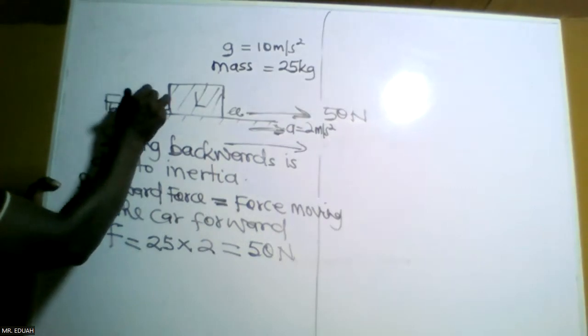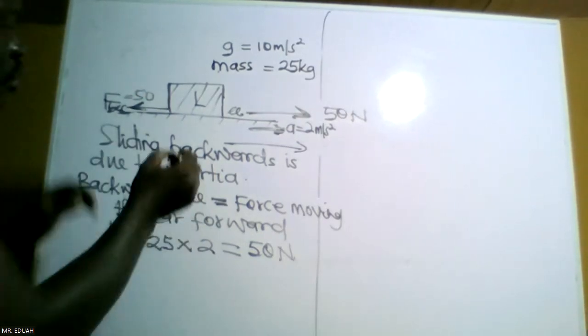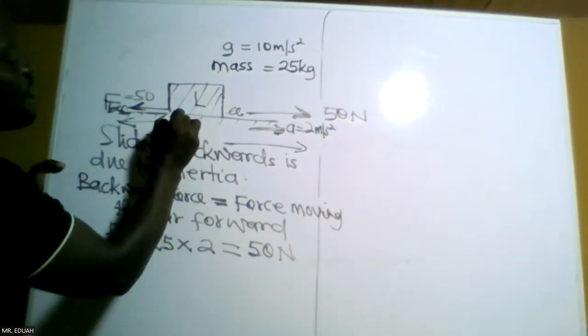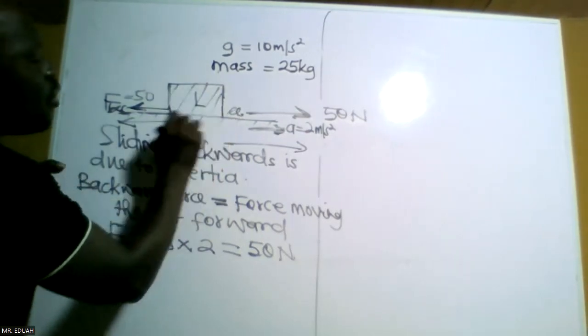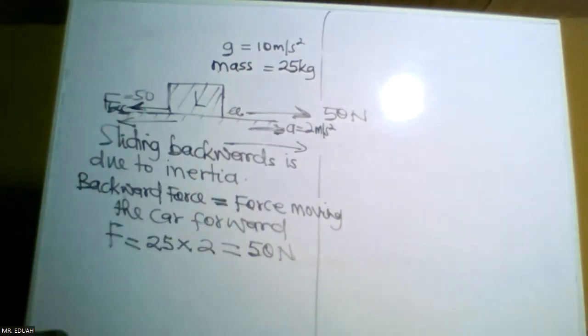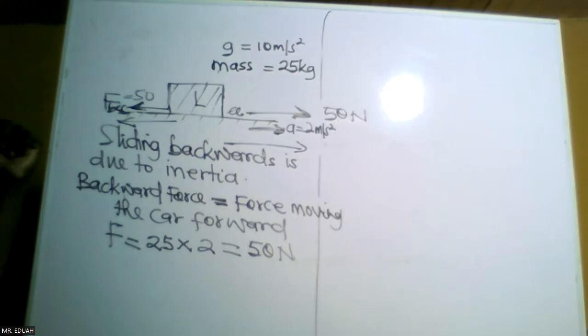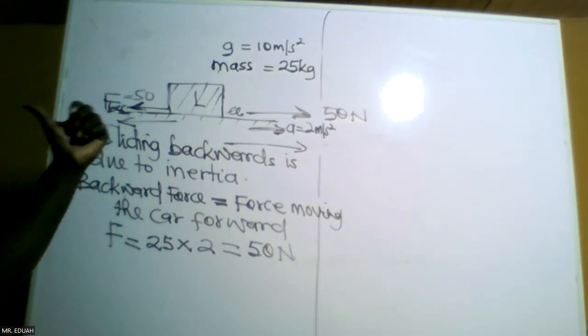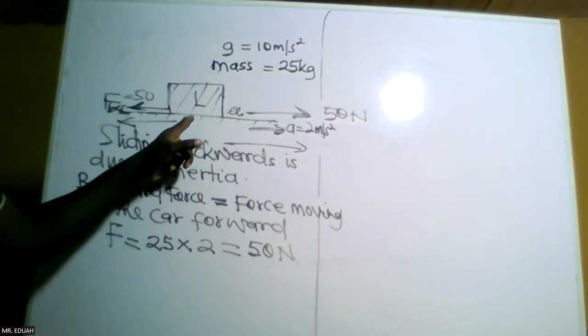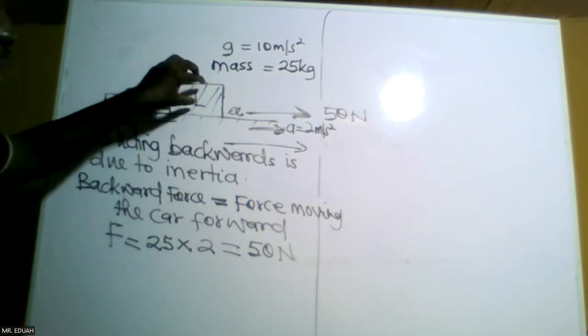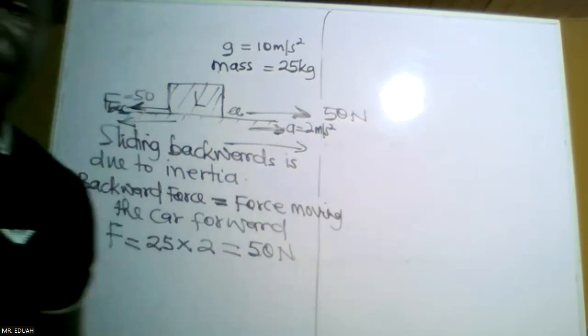This is also 50. Now, when the body is sliding back, what will be the direction of the frictional force between the load and the floor of the vehicle?